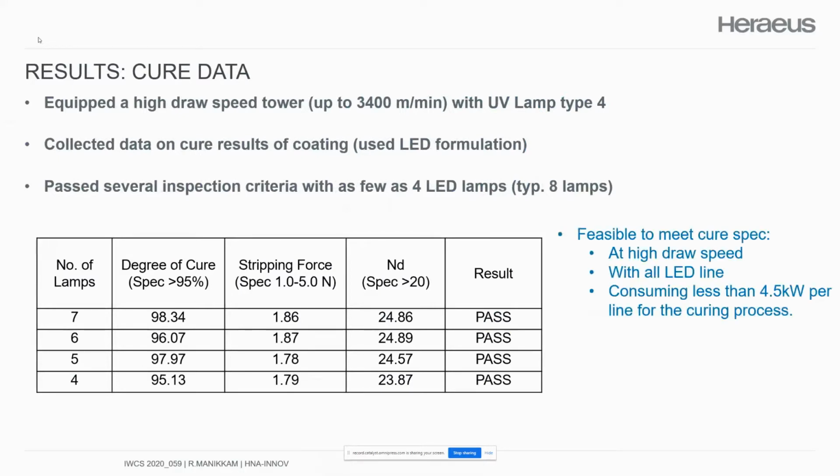Furthermore, this demonstrates that it's feasible to meet a cure spec at high draw speeds with an all LED line, and you can consume less than 4.5 kilowatts per line for the curing process. So a very interesting and attractive way, I'm sure, moving forward for optical fiber manufacturers to utilize this kind of setup.